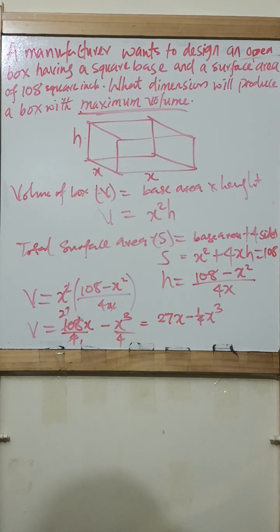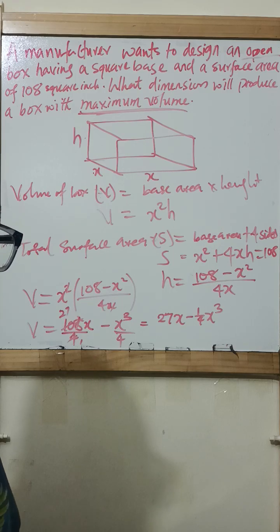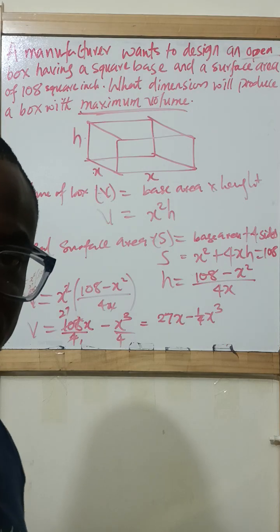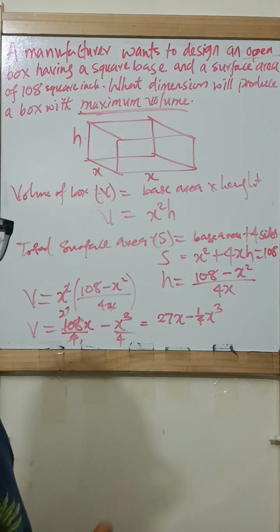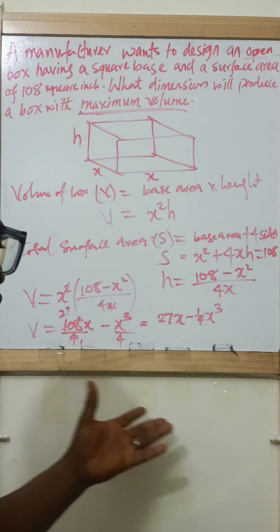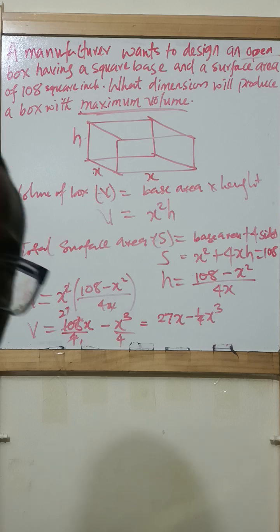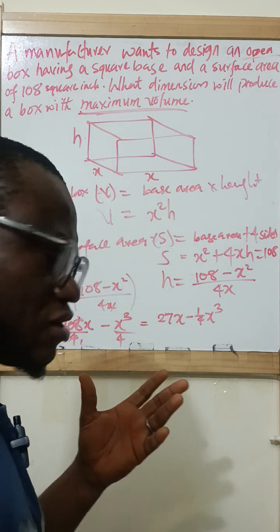We'll now find dV/dx. For it to be maximum, we equate dV/dx to 0, just as we do for maximum points. And to know if it is maximum, if you find d squared V over dx squared, you are going to get a negative value.